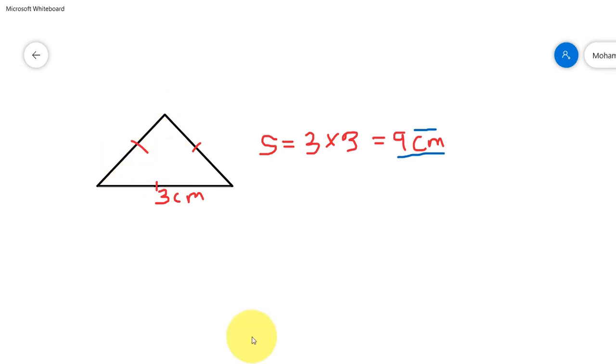To calculate the perimeter of this particular triangle, I'll take S as my perimeter. One side is 3 centimeter, and there are three sides. If I multiply by 3, I'll get 9 centimeter.